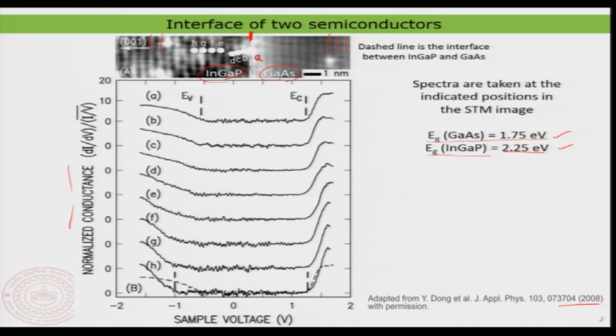At the interface it is A, then B, C, D, E, F, G, H represents that you are moving away from the interface, particularly into the indium gallium phosphide direction. So, A is exactly the interfacial layer, and B, C, D are where you are going more into the indium gallium phosphide region, and this would be our gallium arsenide.